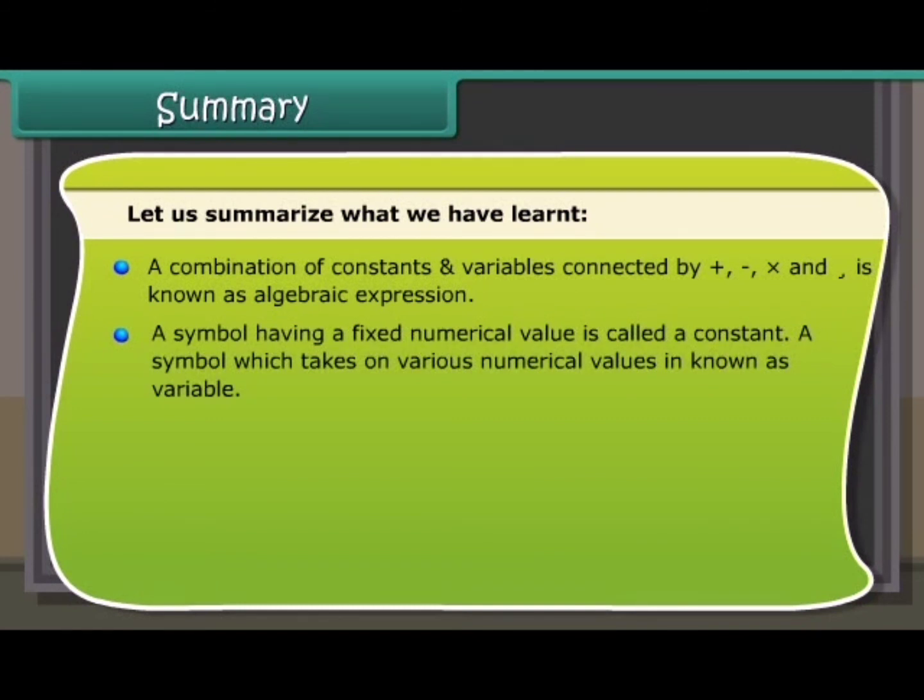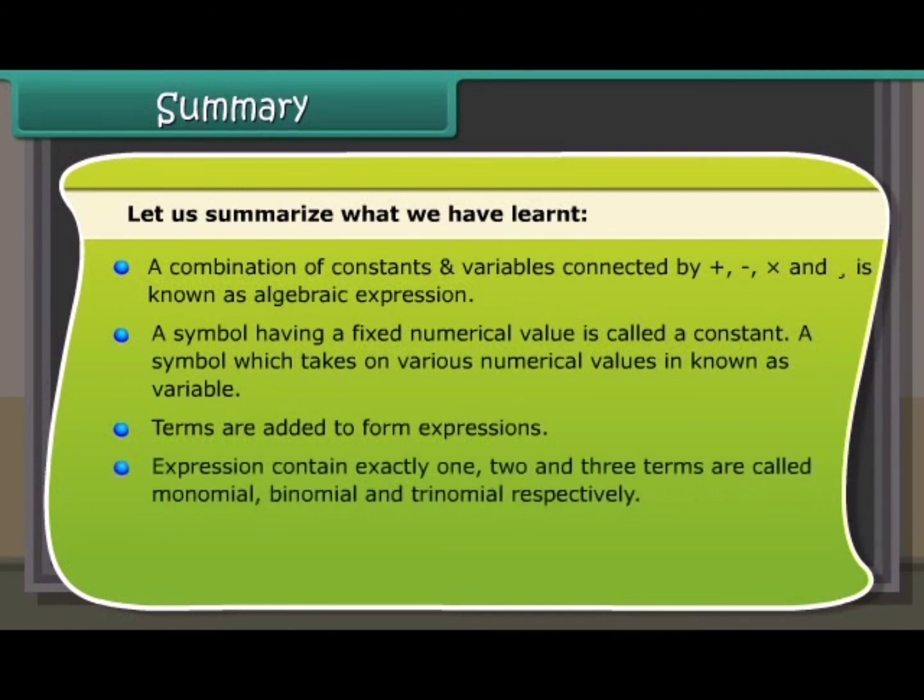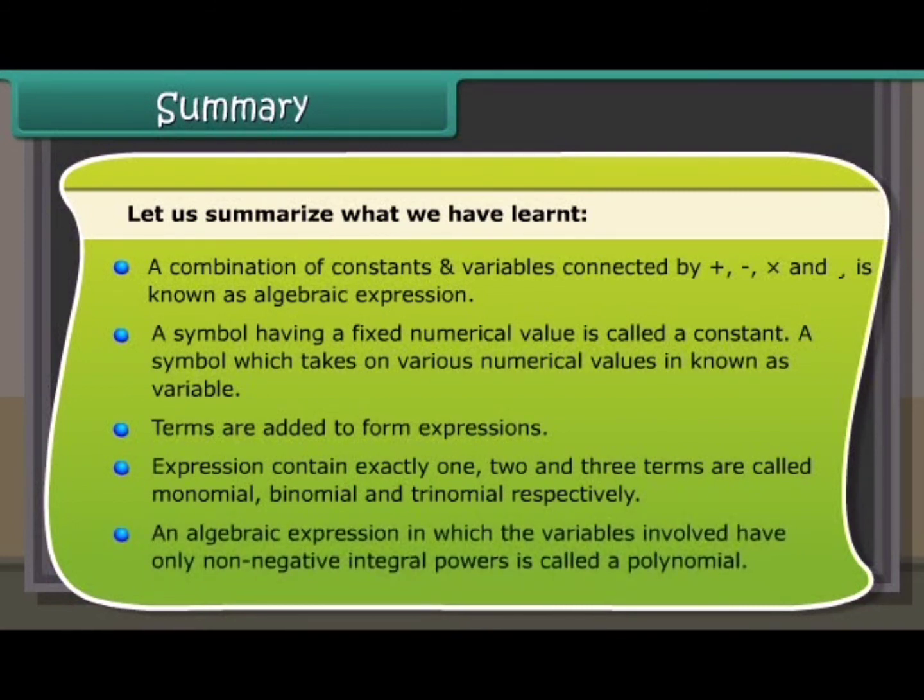A symbol which takes on various numerical values is known as variable. Terms are added to form expressions. Expressions containing exactly 1, 2, and 3 terms are called monomial, binomial, and trinomial respectively. An algebraic expression in which the variables involved have only non-negative integral powers is called a polynomial.